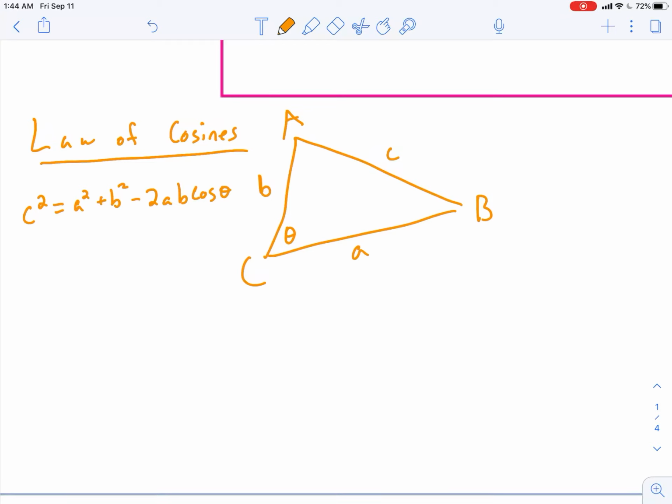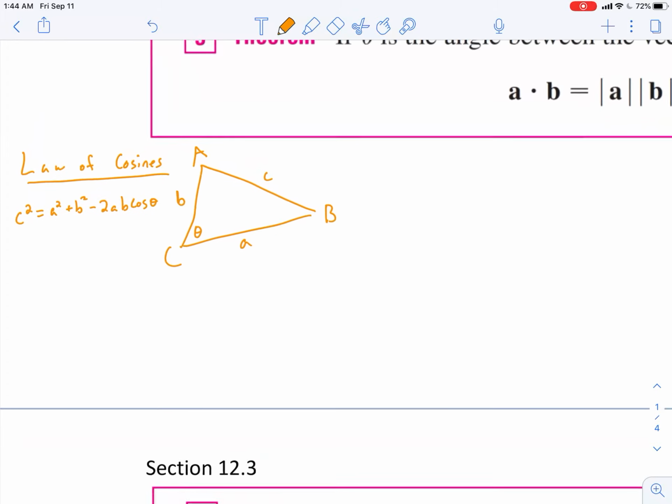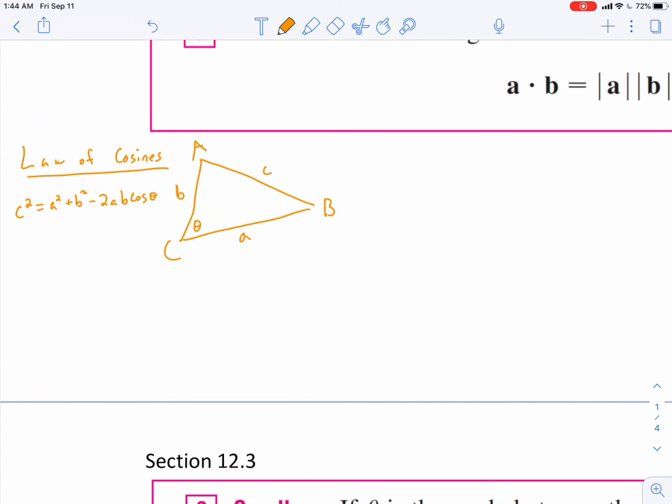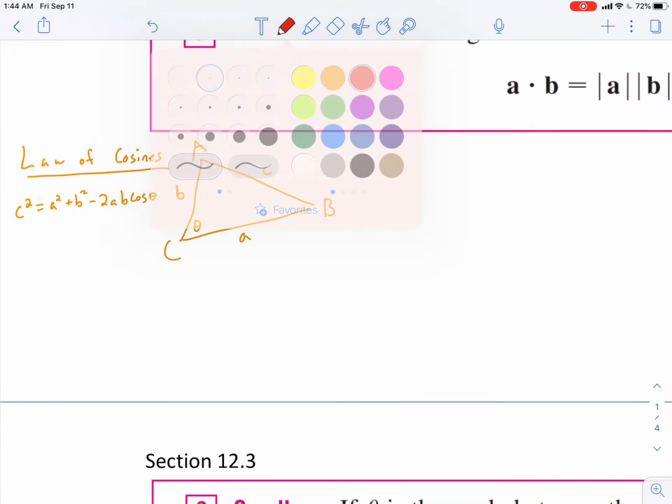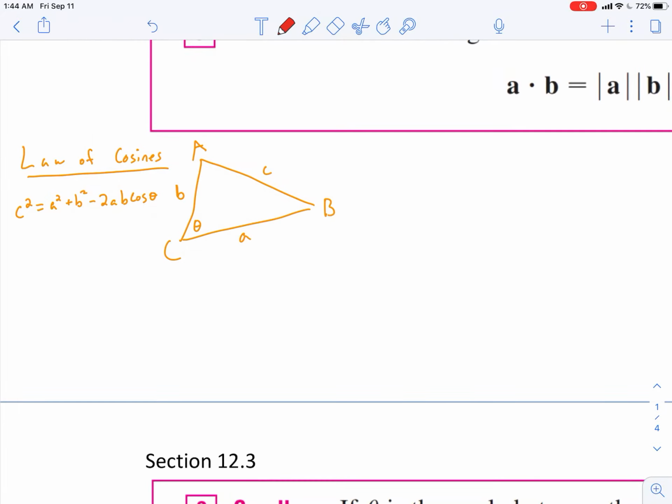All right. Now, what I'm going to do is express this same type of picture, but as a vector. All right. And so, say we have vector B, say we have vector A, and we have the distance between those two vectors.